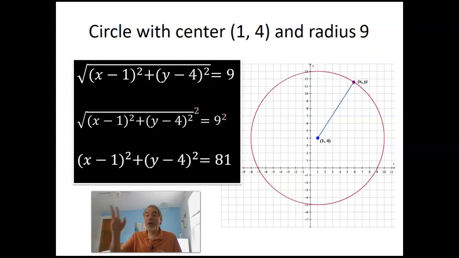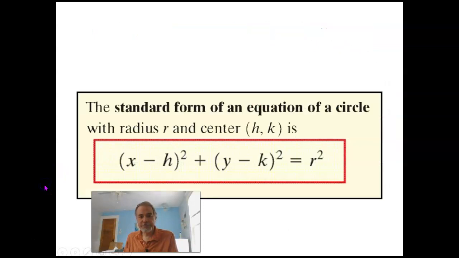It's the square of the radius. So in general, that gives you the standard form for the equation of a circle. It's (x minus h) squared plus (y minus k) squared equals r squared, where h and k stand for the x and y coordinates of the center point, and r stands for the radius.